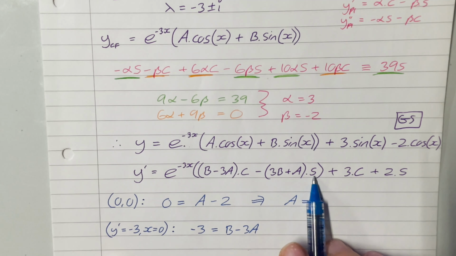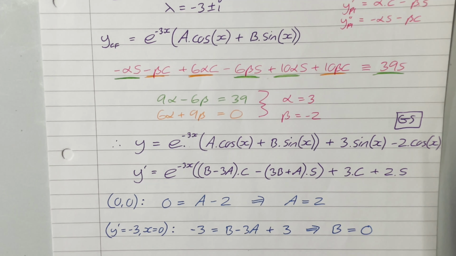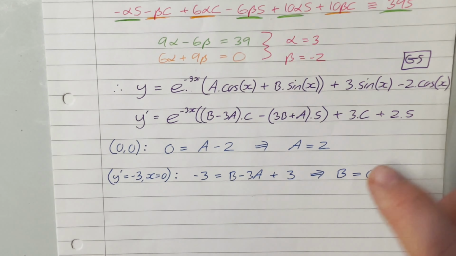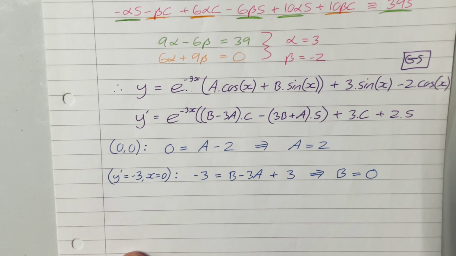That disappears because it's a sine, plus 3. And that tells me that b is in fact 0, because a is 2. So I've got -3 equals 3 minus 6, which is true, plus b. So b is 0. All right, and then I can take those two and plug them back into this general solution to give me my particular solution.